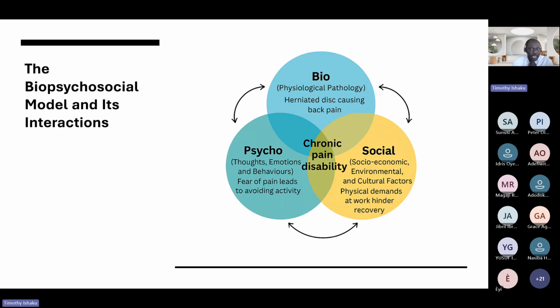So that's probably the summary of the biopsychosocial model. The interaction between the biological, the psychological and the social bits gives a broader, more comprehensive approach to healthcare.